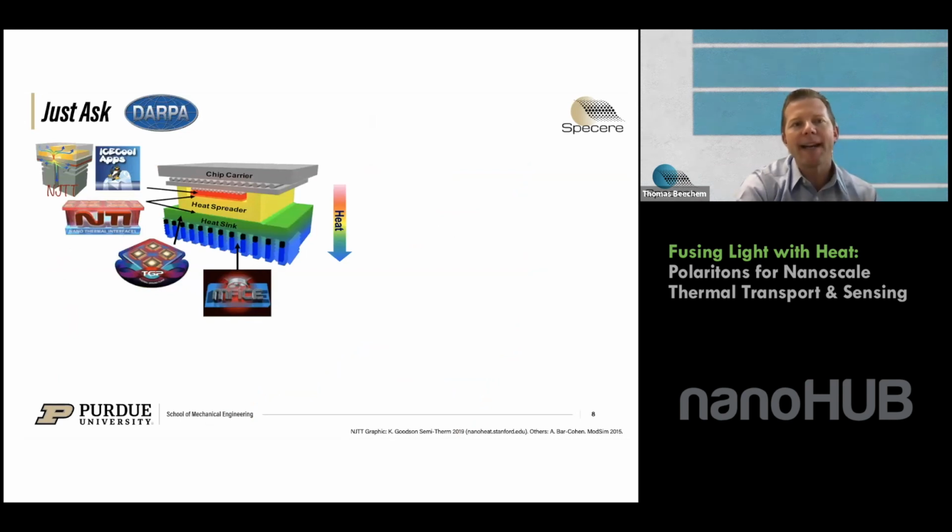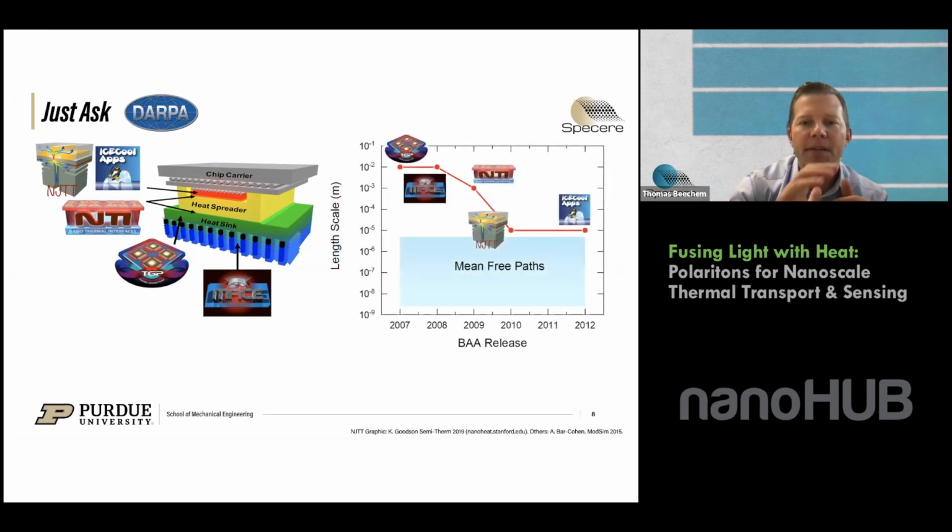What I'm showing right now is a very generic electronic package, really tracking DARPA programs over about the past decade and a half. DARPA in 2007, 2008 was really working down here at the bottom, kind of on the thermal ground plane and these fins.